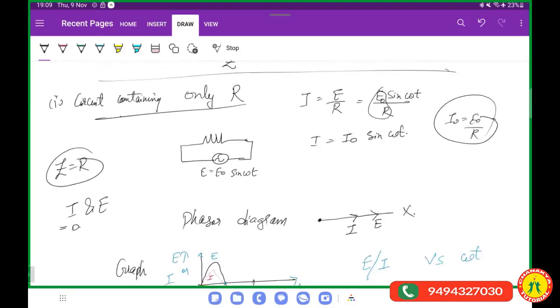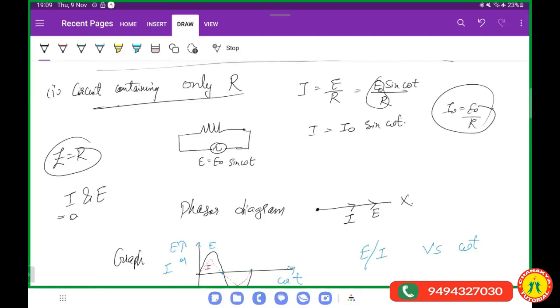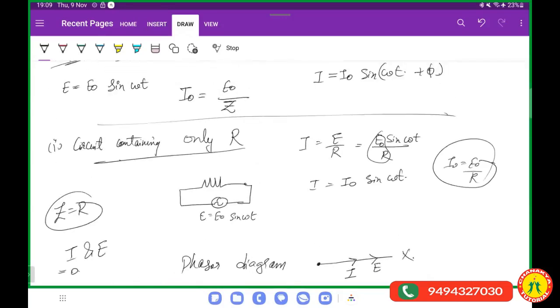As we wrote before also, let it be AC or DC, in both the resistor works in the same manner. There is no leading or lagging, so there is no difference between current and voltage phase.